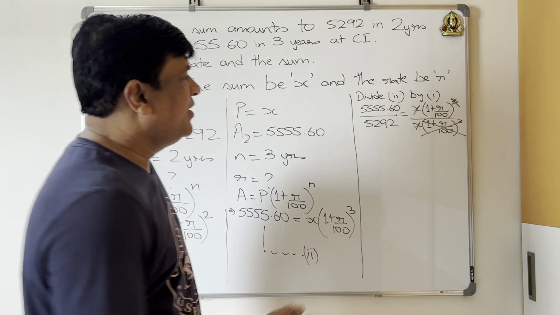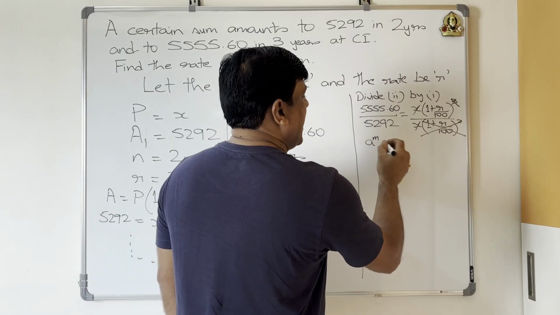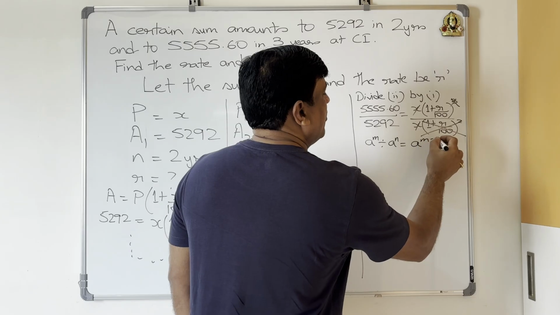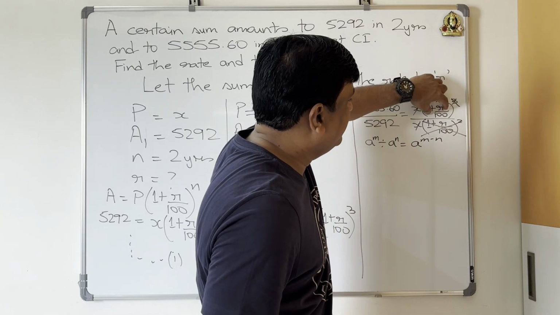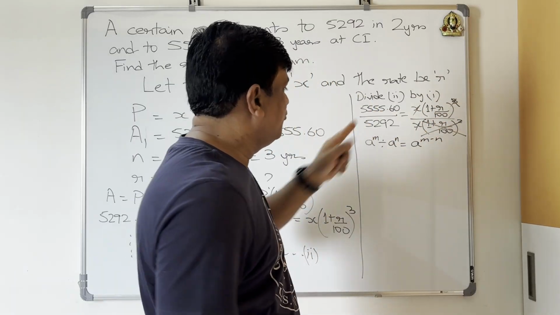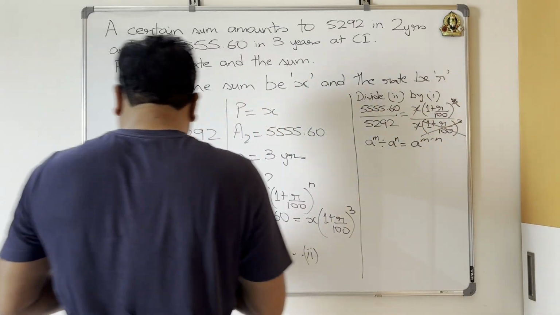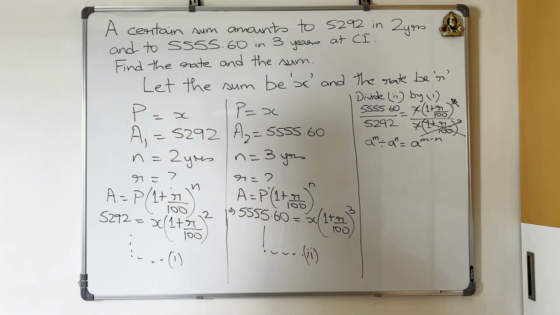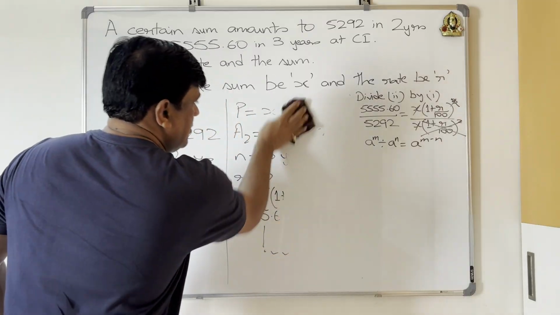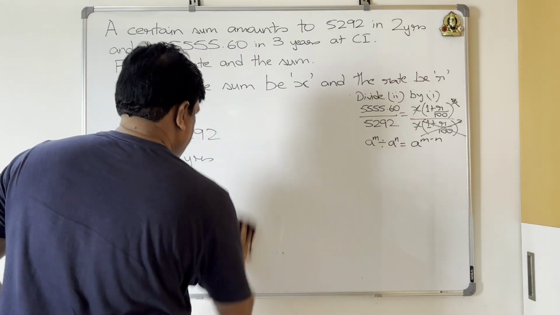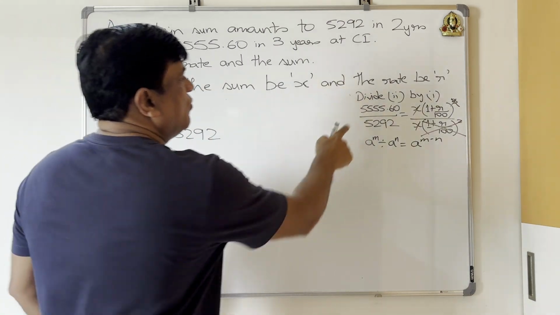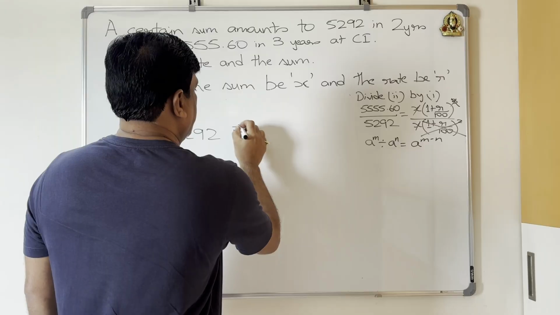If you remember the rule, a to the power m divided by a to the power n gives a to the power m minus n. So if I take this bit as a, 3 minus 2, I'll be left with 1. Therefore, what do I get over here?